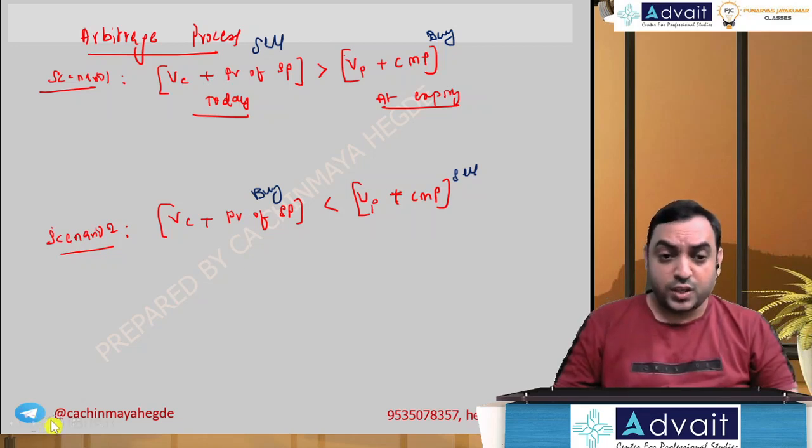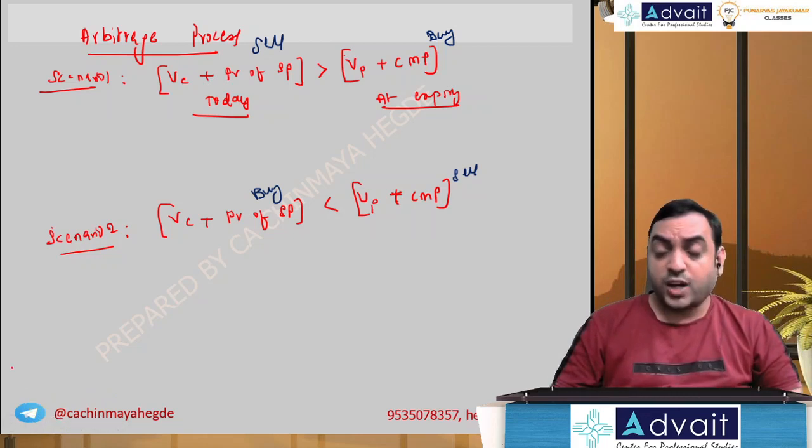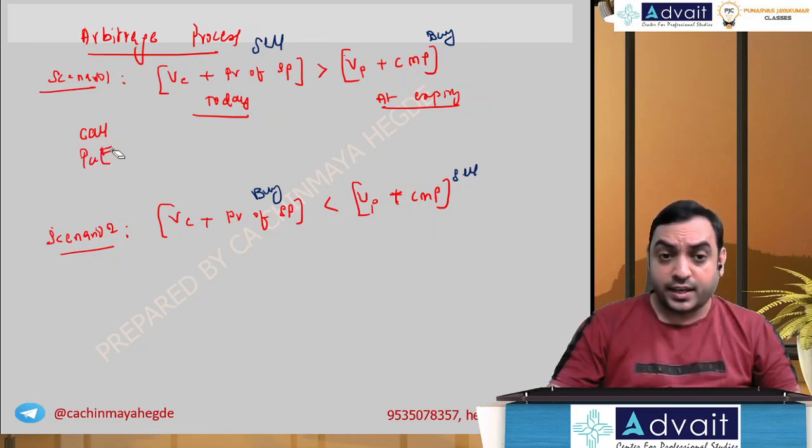So take a look at this format. I'm going to write what position I take in the call option, what position in the put option, what I do in the money market, and what I do in the spot market.